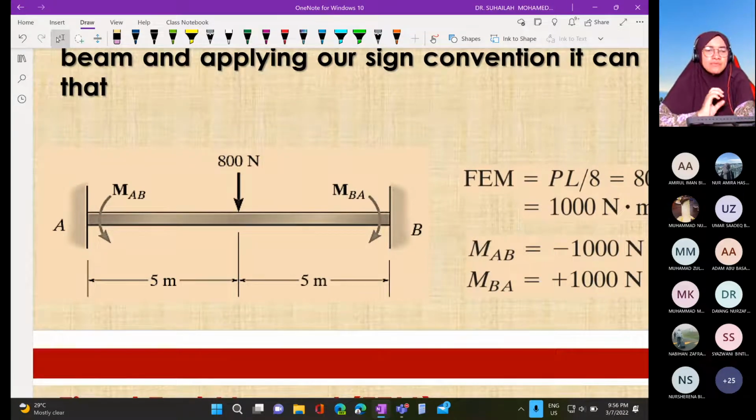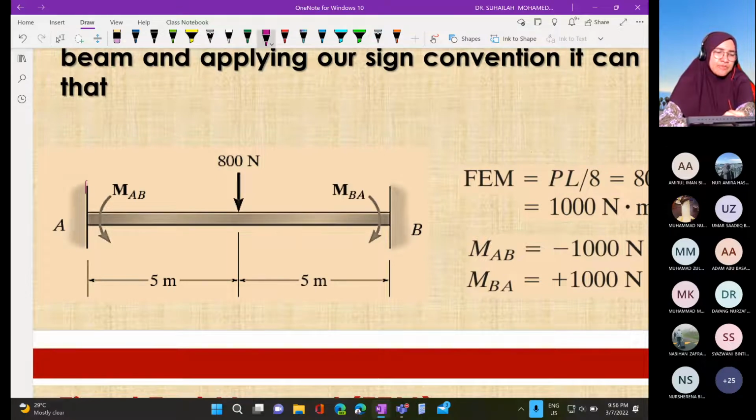The sign that we get from fixed end moment is behavior. How do we know? It will behave that way. Just remember one thing.